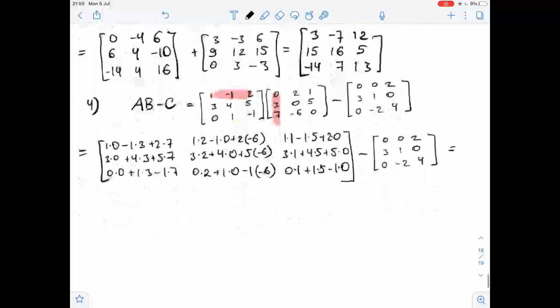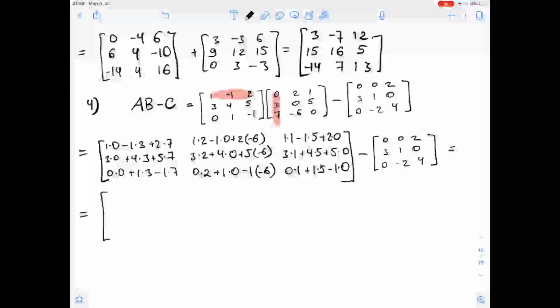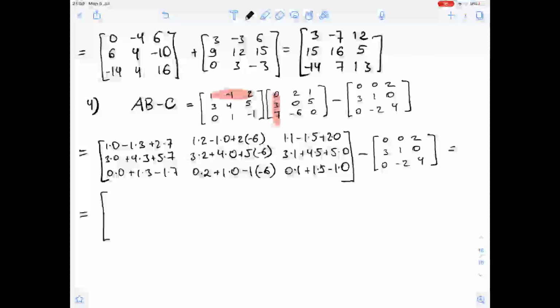So let's do the calculations. Here we get 0 minus 3 plus 14, which is 11. 2 minus 0 minus 12, which is negative 10.